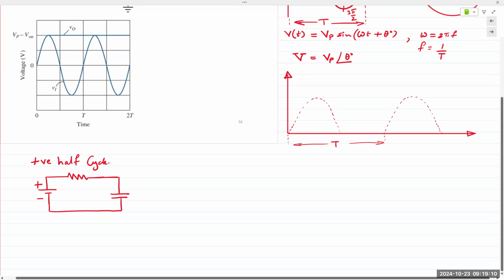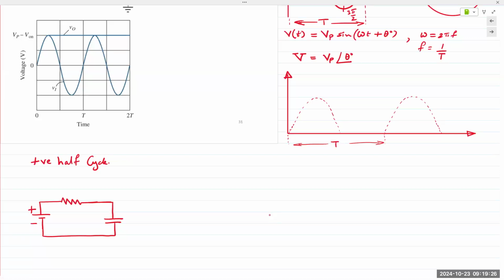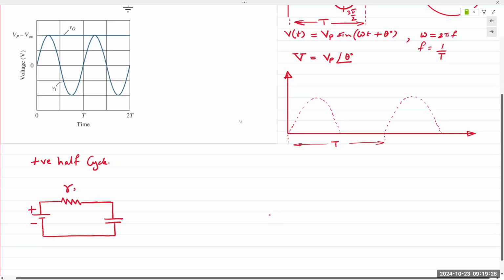That resistor signifies the diode forward resistance. If you recall from lab last week where you calculated the diode resistance in forward bias, that's what this is. So we can call it RF, diode forward resistance RF.